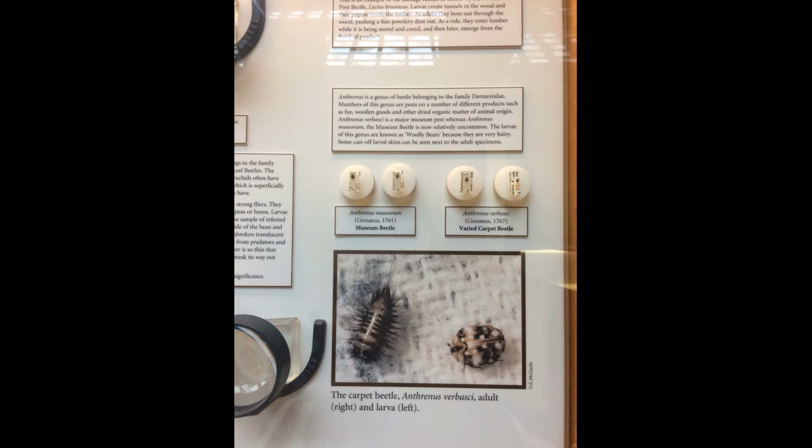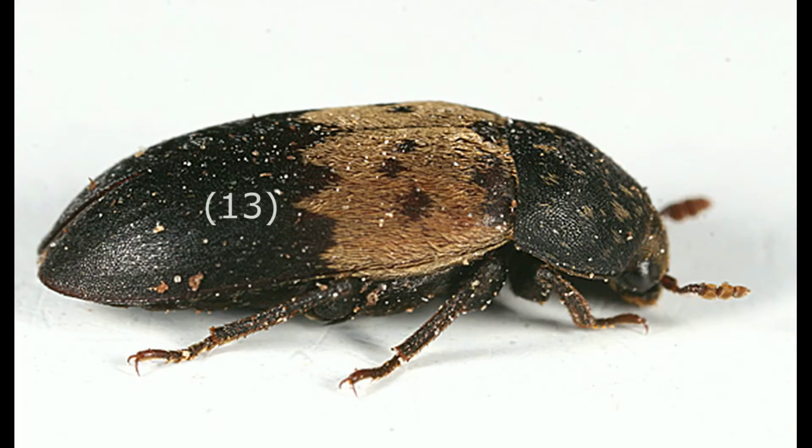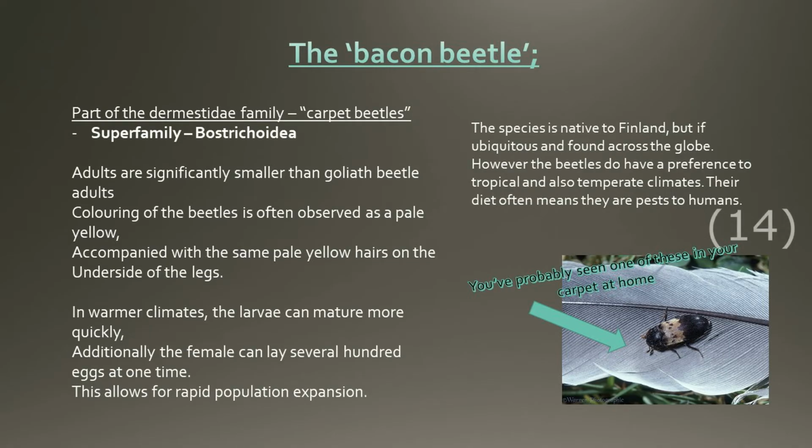In contrast to the large, dynamic Goliath beetle, I'd also like to mention the bacon beetle, also known as the larder beetle, formerly known as the Dermestes lardarius. Its family is Bostrichoidea, and in comparison to the Goliath, the adults only measure between 6 and 9 millimeters, so vastly different. Their colouring ranges from dark brown to black, with spotted coloration above the elytra.